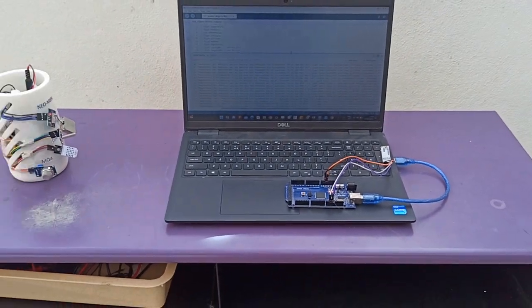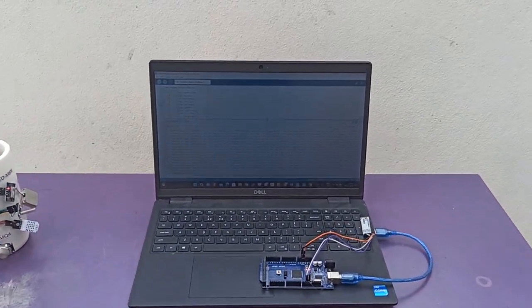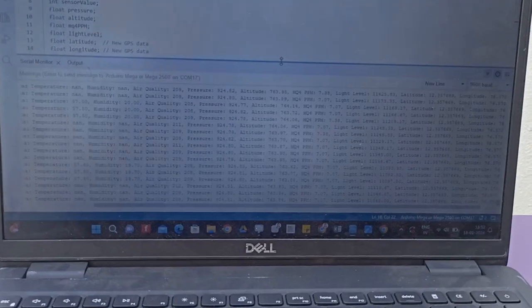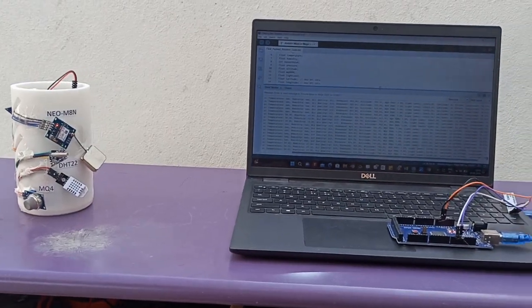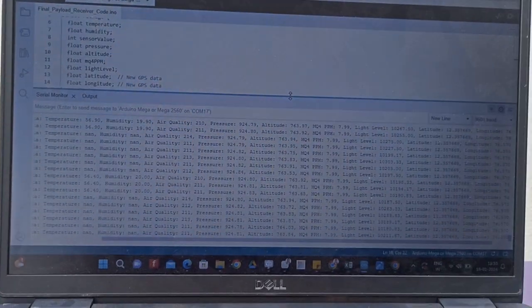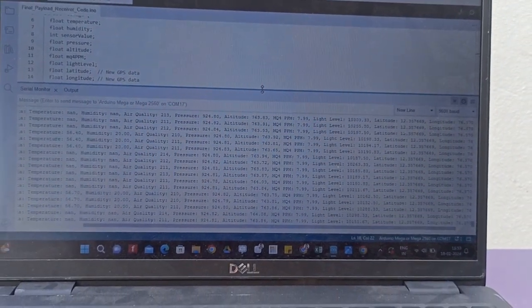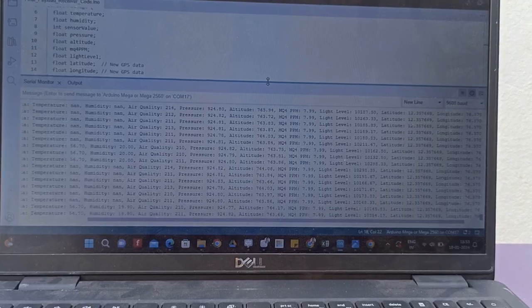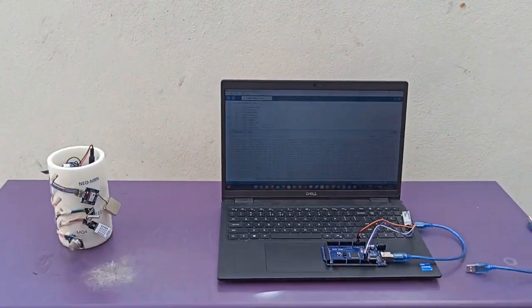The payload undergoes a startup sequence, initializing sensors and establishing connections with the Arduino Mega. Continuous data collection begins and allows real time monitoring of environmental parameters. The collected data is packaged and transmitted continuously to the ground station.